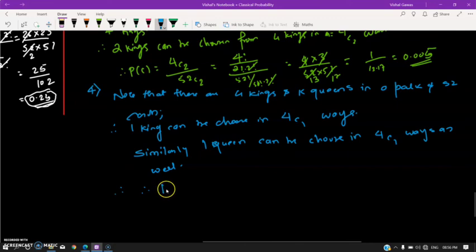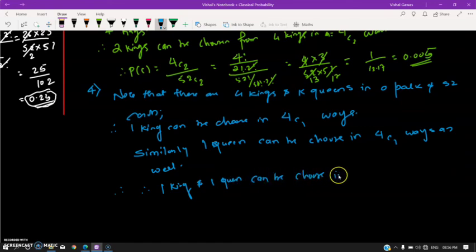Therefore, 1 king and 1 queen can be chosen in 4C1 into 4C1. Therefore, my M becomes 4C1 into 4C1 in this case.